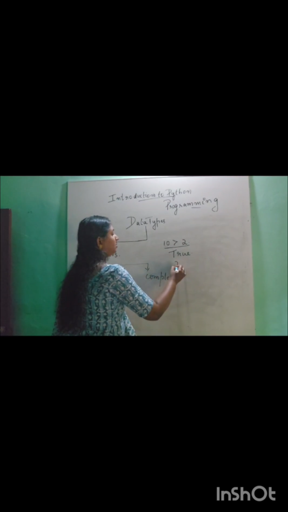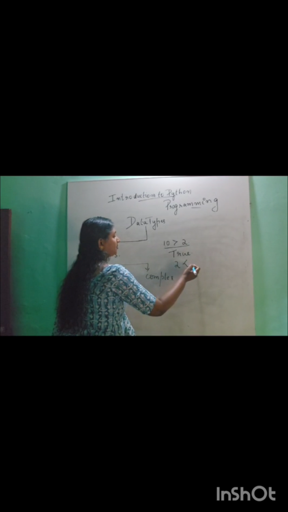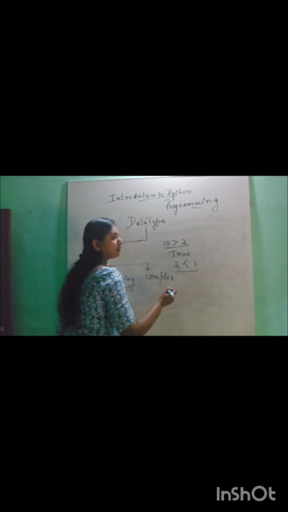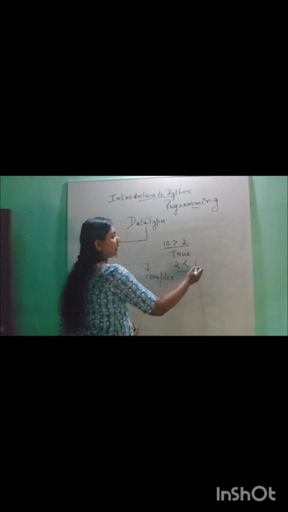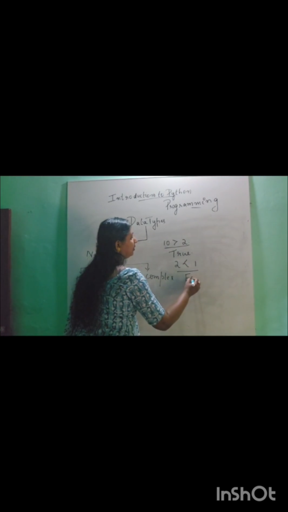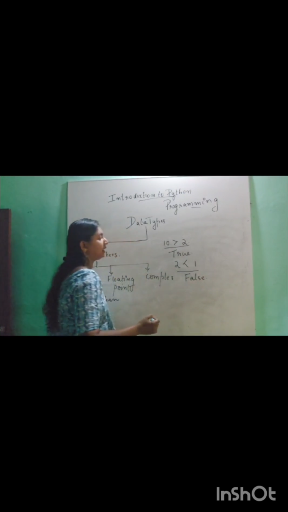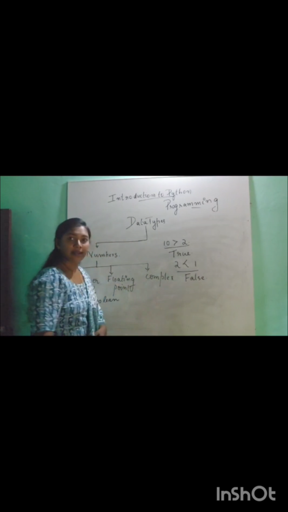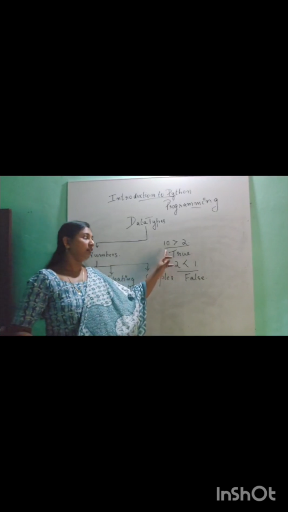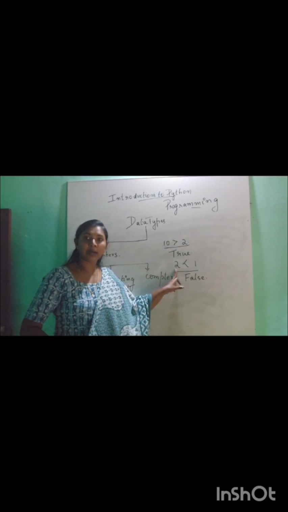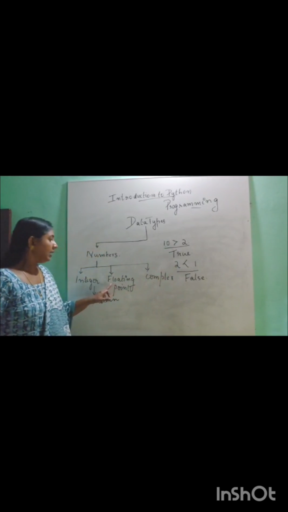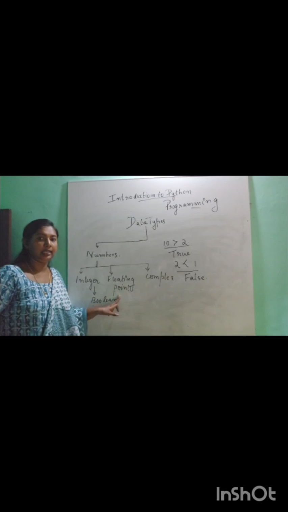Then I am saying that 2 is less than 1. Is this expression correct? No. This expression is incorrect, so it evaluates to false. These are the two Boolean values. These Boolean values are obtained as outputs of comparison operators.